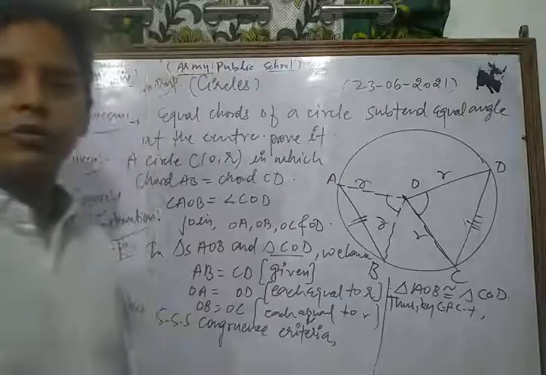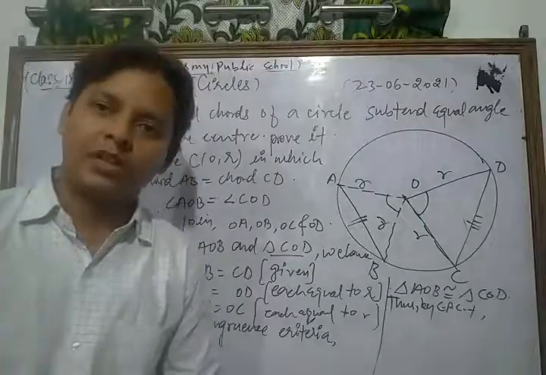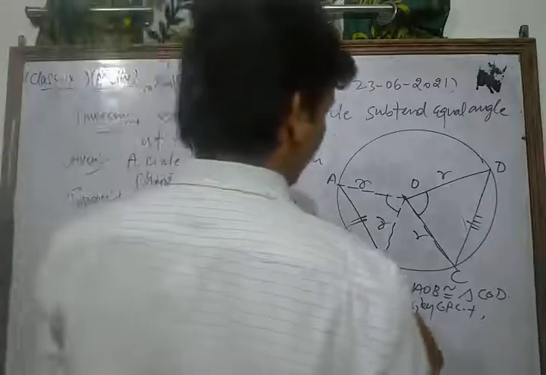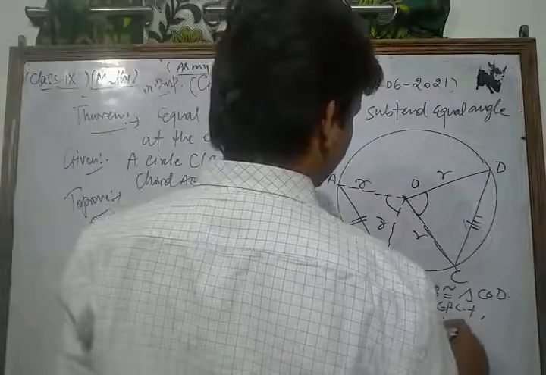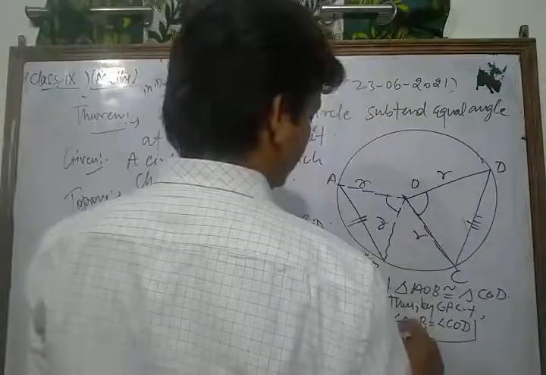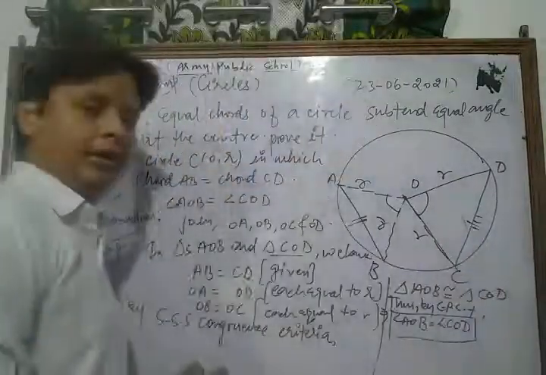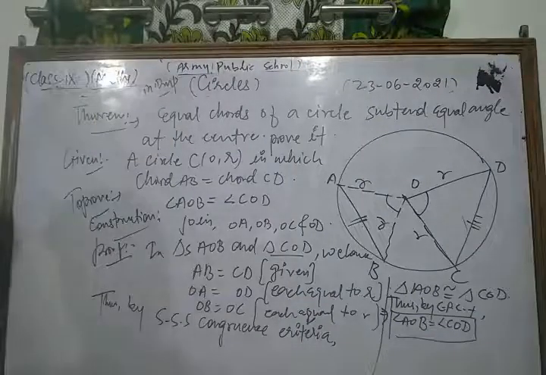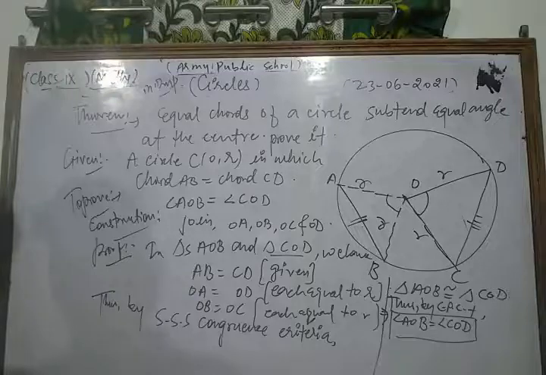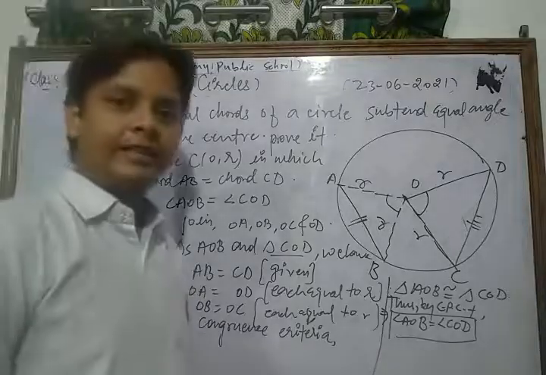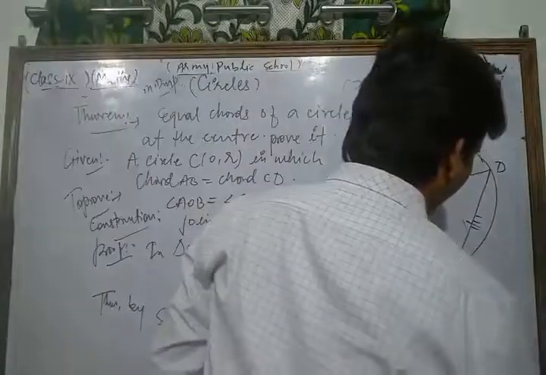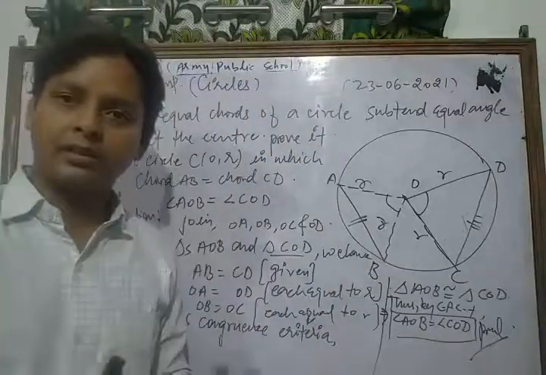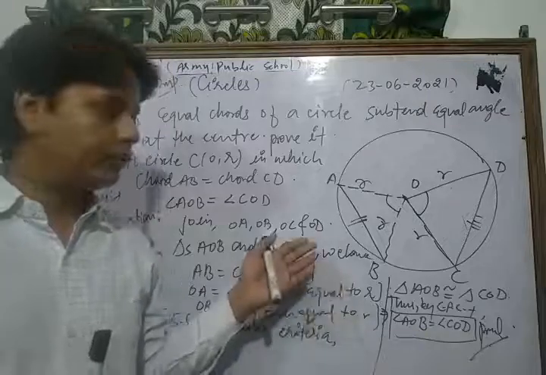CPCT means corresponding parts of congruent triangles must be equal to each other. Means we have angle AOB is same as angle COD. In this way we can say that it is proved, and thus equal chords of a circle subtend equal angle at the center. So in this way you can prove that type of theorem.